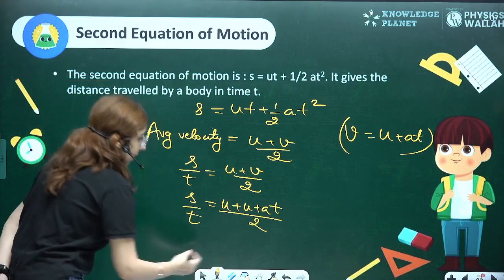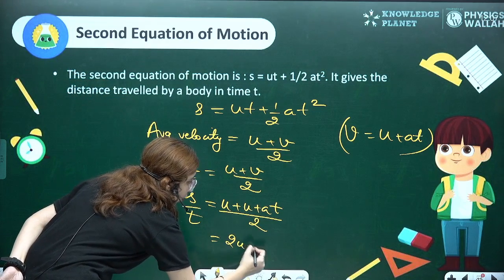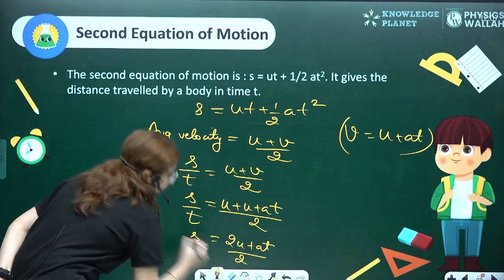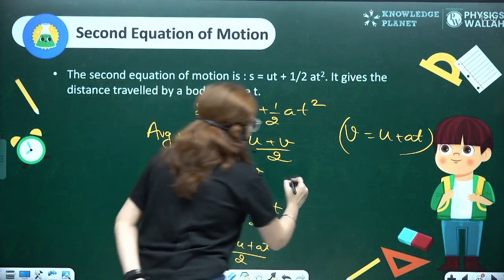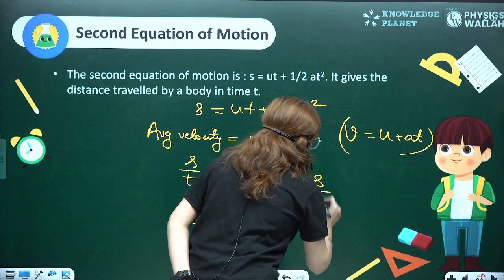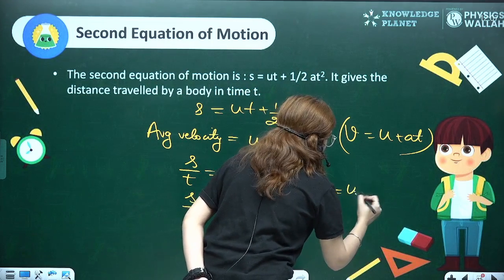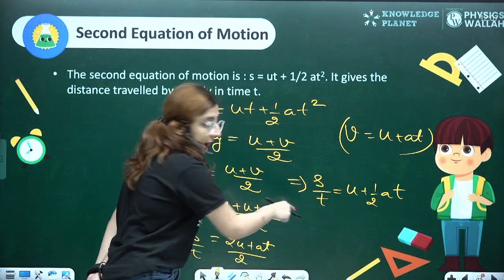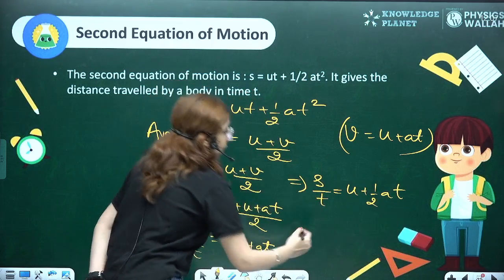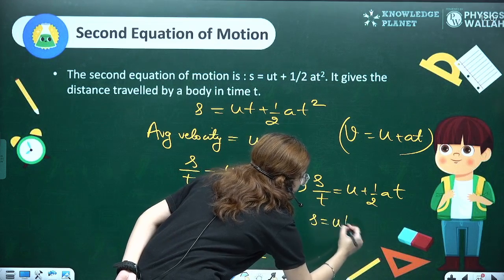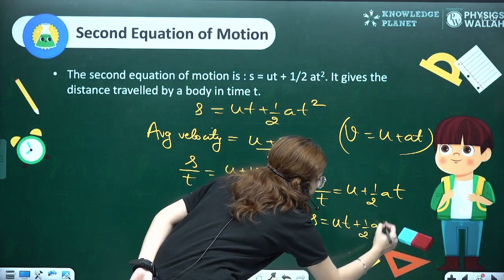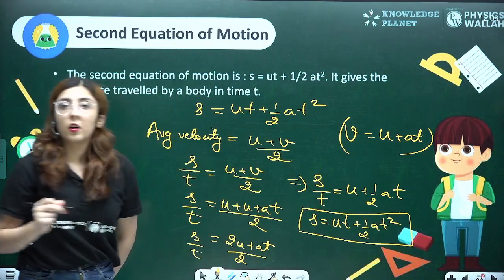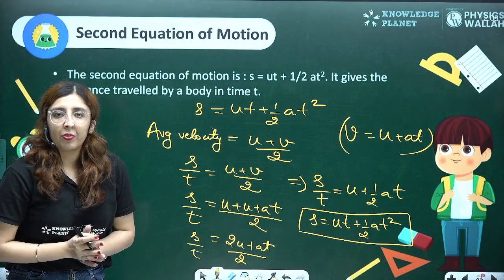Now solve it. 2u plus at by 2. You will get s by t is equal to u plus half at. Take the t to the other side, on the top. s is equal to ut plus half at square. Second equation of motion. Pretty much easy, right?